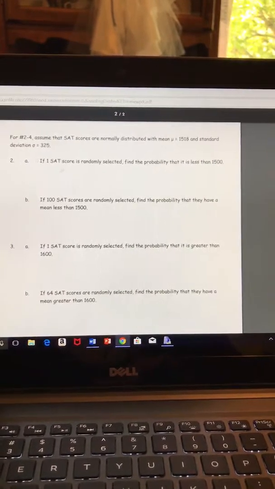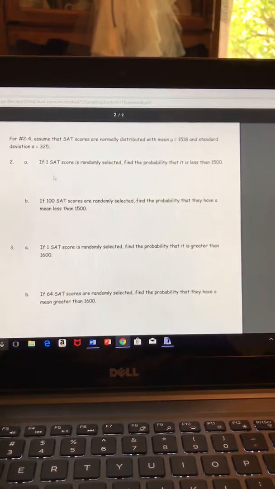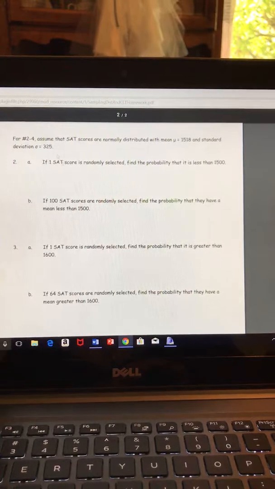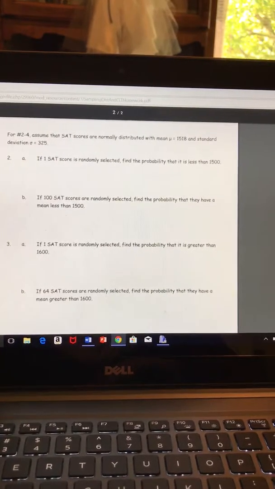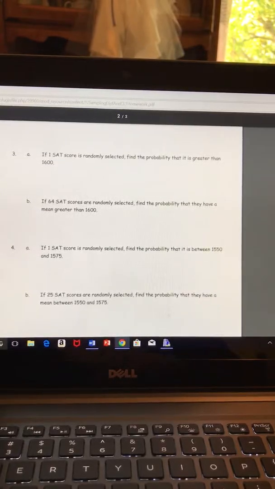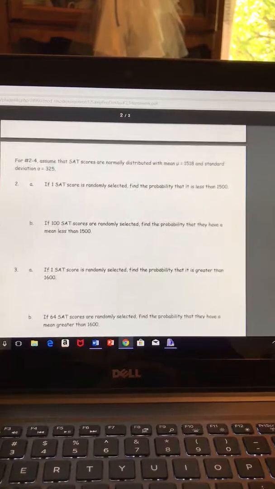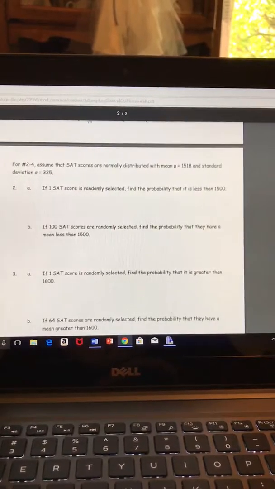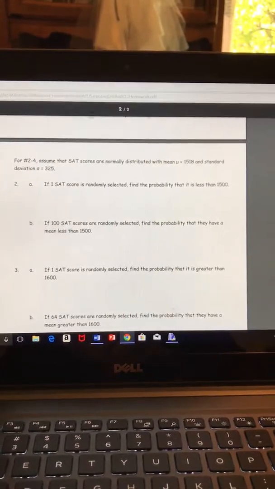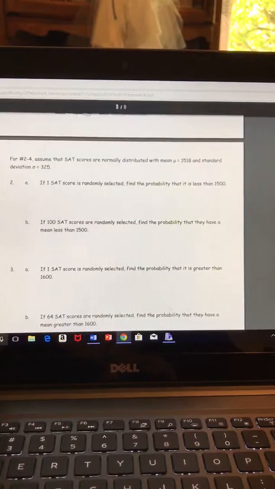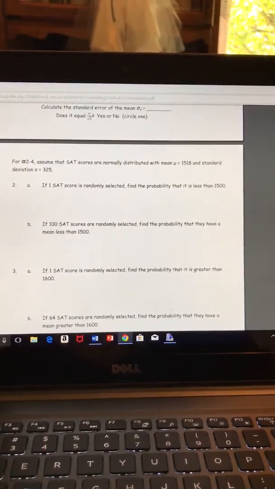So you're just going to use the normal Z formula that we used last week, the x minus mu divided by sigma. And because these are normally distributed anyways, for the part B's, it doesn't matter what the n is. You don't need the central limit theorem. If it starts out normal, then all your sample distributions will be normal. So n can be less than 30.